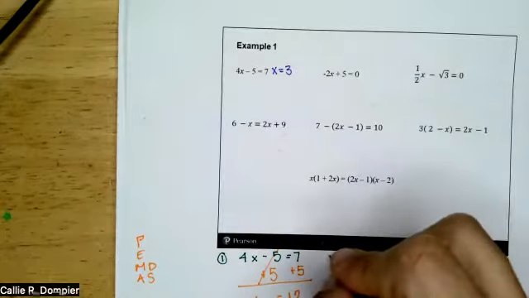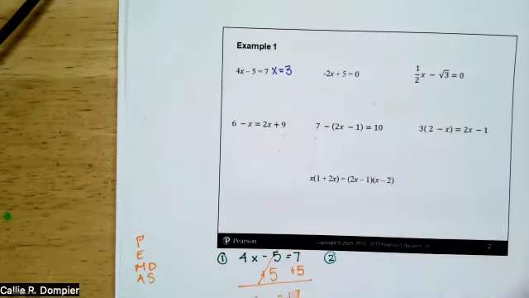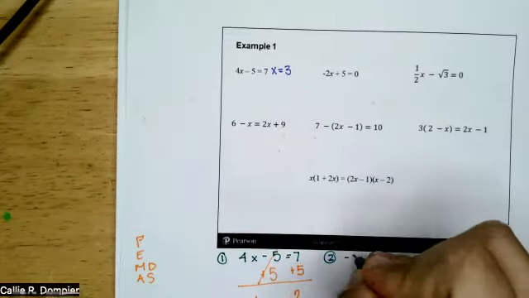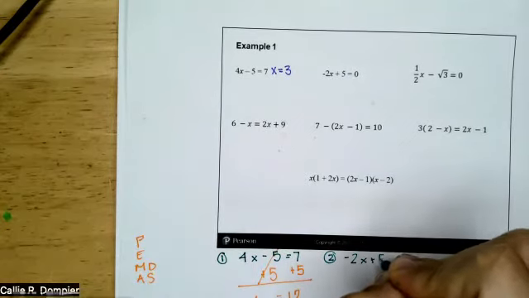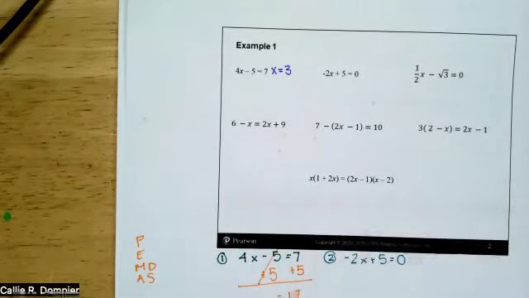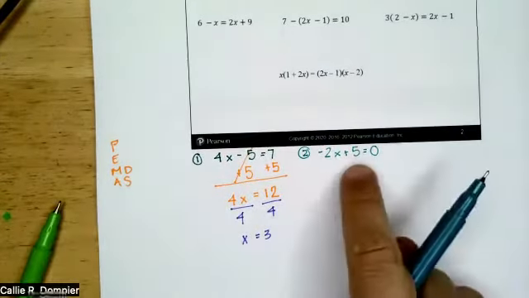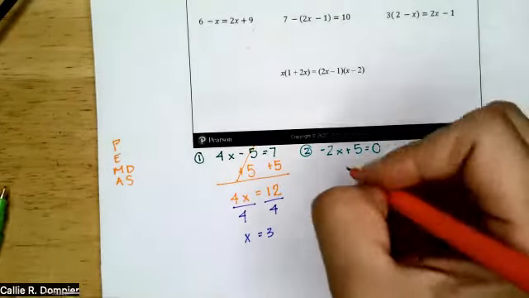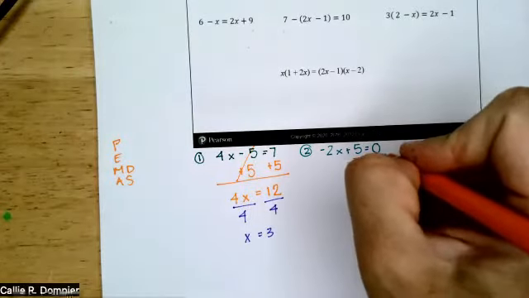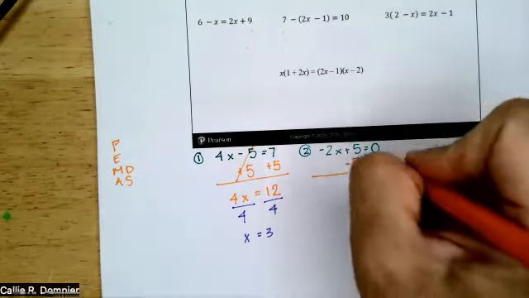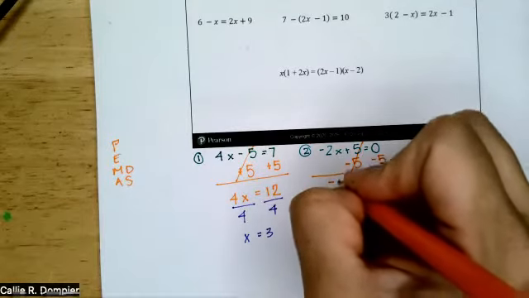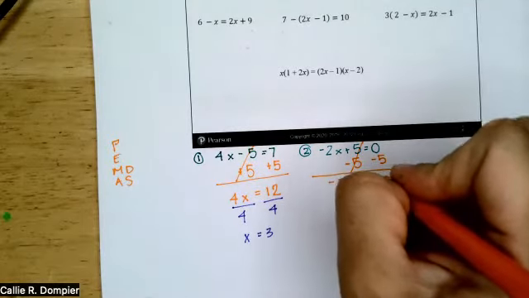The next one, I'm going to run out of space. I know I am. Negative 2x plus 5 is 0. Now, remember to maintain equality, if I subtract 5 from this side, I have to subtract 5 from that side. Those cancel. I have a negative 2x equals negative 5.